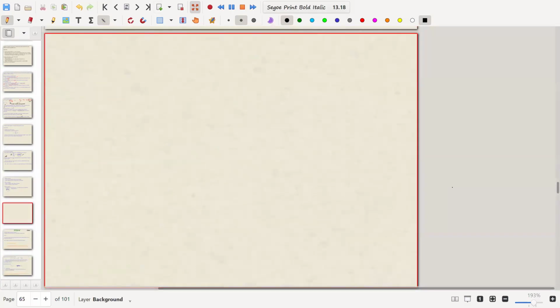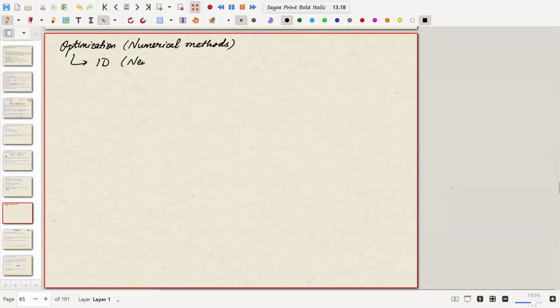So what we learned so far? So far in this course, we have understood optimization from the numerical methods side, in the sense that we understood how you can do 1D optimization, that is through Newton's method.